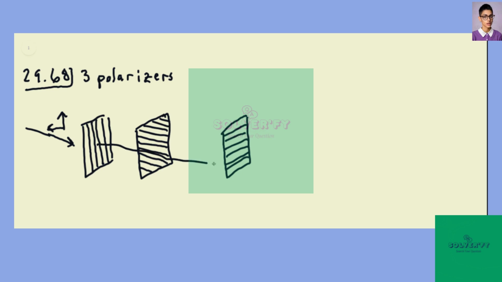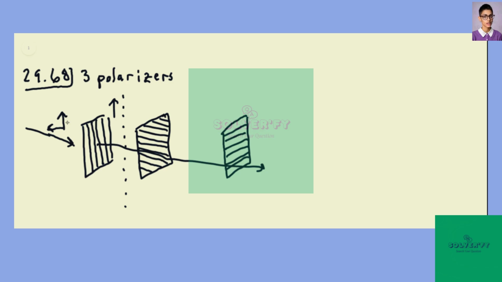Just sort of try our light going through there. And we're just going to put this here to sort of conceptually delineate this. So we have vertically polarized light after our first polarizer.